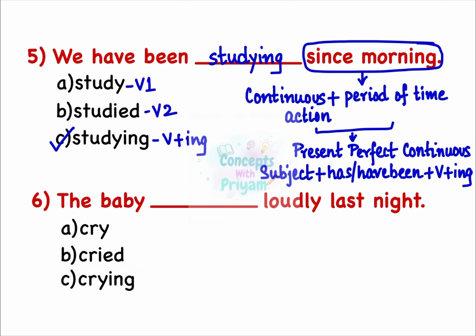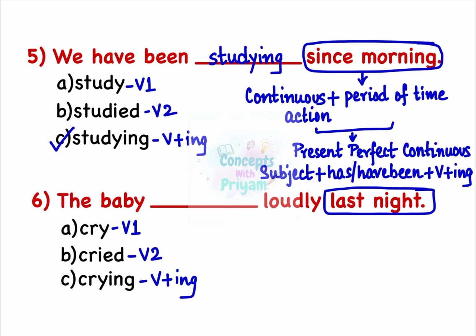Cry, cried, crying. Cry is verb 1. Cried is verb 2. Crying is ing form of the verb 1. The keyword here is last night, which shows past time.